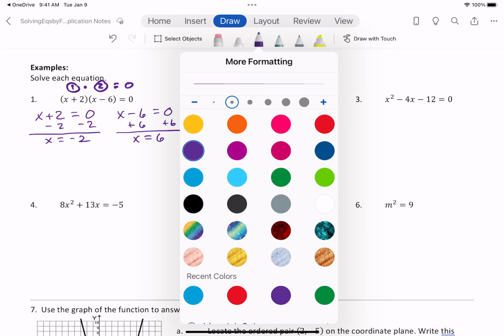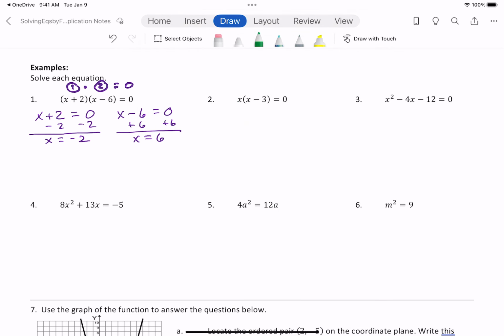So then to check, our original equation is x plus 2, x minus 6 equals 0. And we have two possibilities. So first, we'll substitute negative 2 for the x's, and we want to see if that's true.